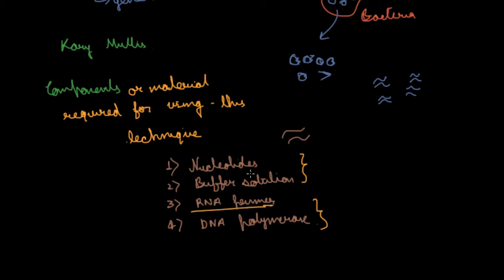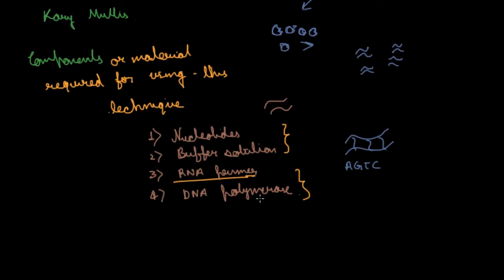Let's say we have a DNA which we want to amplify, and it has a certain sequence, let's say A, G, T, C. It starts with this sequence. In order to design a primer, you must be wondering why we are designing the primer. I'll be telling you very soon. Let me just tell you how this RNA primer is designed.